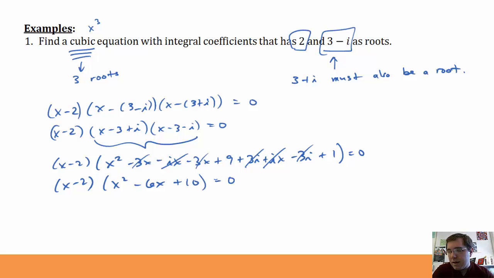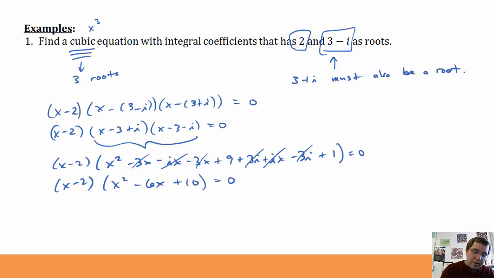So you can check my math, but it's right. That whole thing simplifies to x squared minus 6x plus 10. So x squared minus 6x plus 10 is a quadratic polynomial that has what as roots? Well, 3 minus i and 3 plus i. That's how I formed it. So if I were to use the quadratic formula on that quadratic equation, I would get 3 minus i and 3 plus i as my solutions.